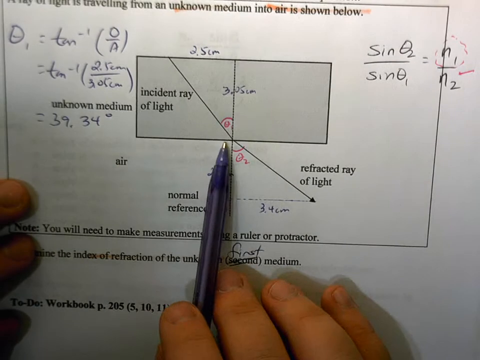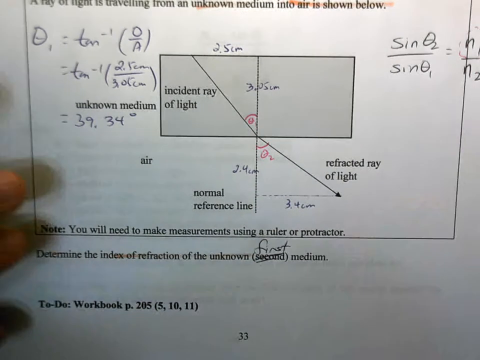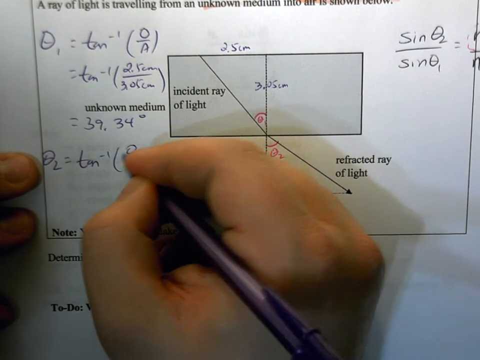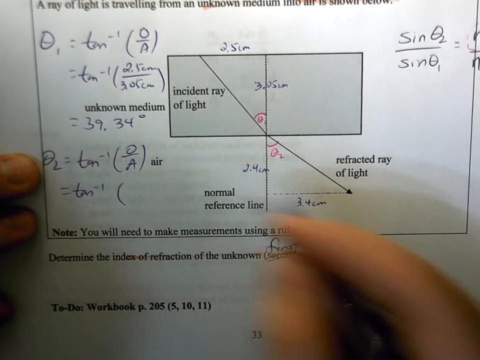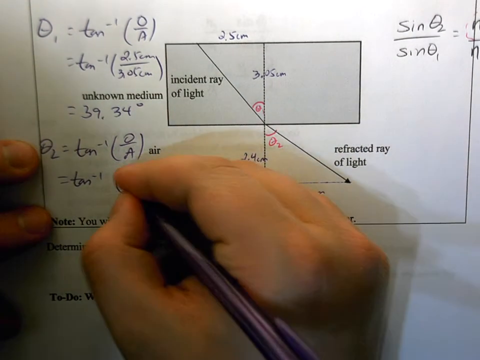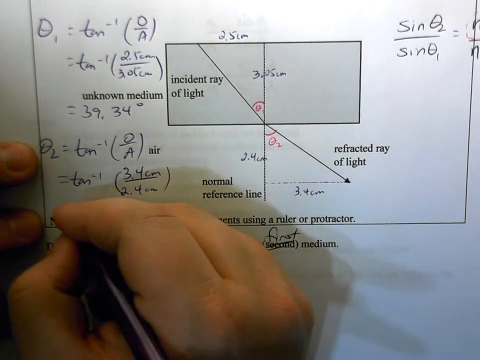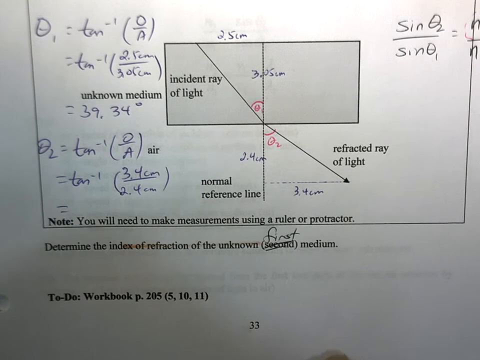Same thing with theta 2. I know this 3.4 opposite, I know this 2.4 adjacent, so we can also use the inverse tangent to calculate that. This is not my preferred method, but like I said, the pandemic has taught us to do things a little differently, so I'm going to live without a protractor here. So if I do that, we'll get about, let's see here.